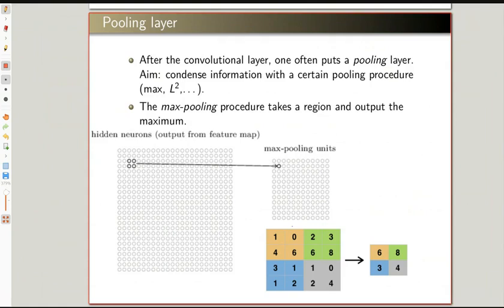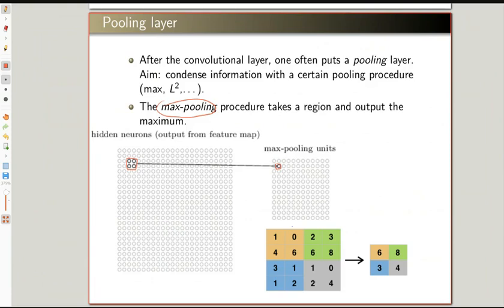After the convolutional layer, one often uses a pooling layer. A pooling layer is in some sort subsuming the local information in just one point, not with a linear combination as before in the convolutional layer, but just by an average or a max or something like this. For instance, in this case, we have a max pooling layer that is just taking these 4 values and putting here the maximum.